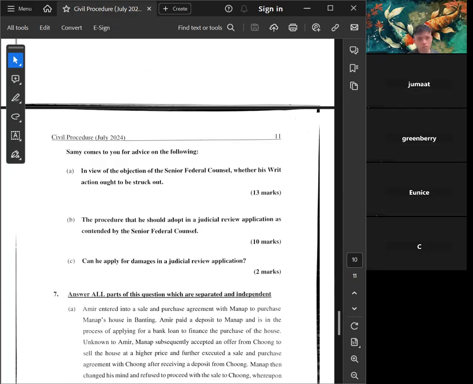Now, sub C: whether he can apply for damages in a judicial review application. So what do you all think? Whether he can claim?